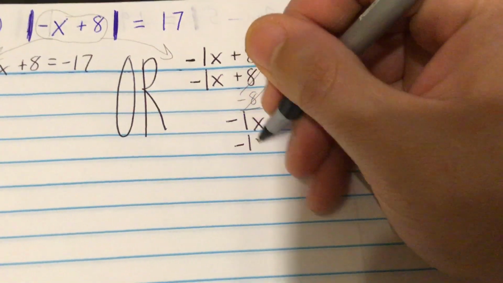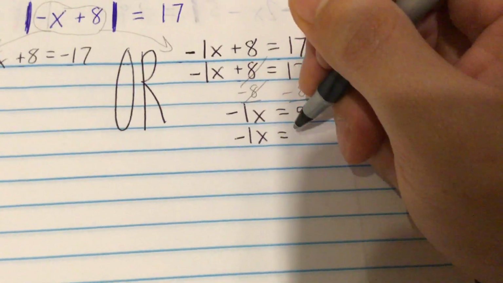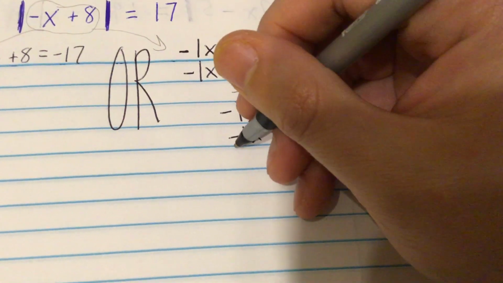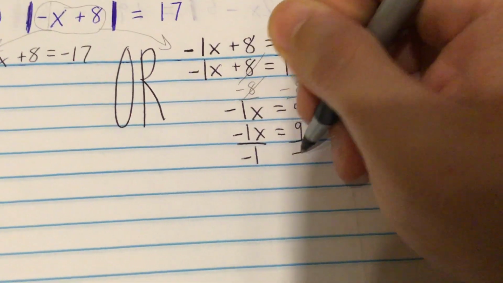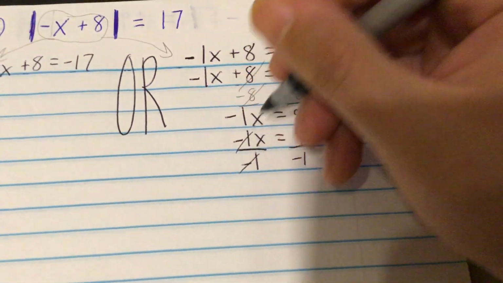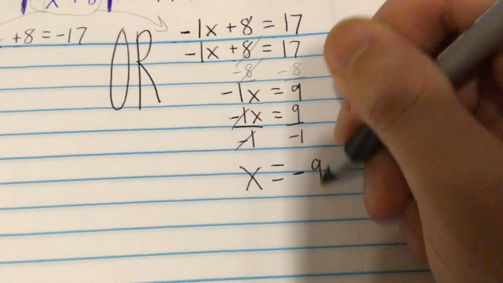I'm going to divide both sides of the equation by -1 because I want +1x on the coefficient. So that gets me 9 divided by -1. The -1's cancel out, leaving me with x is equal to -9.